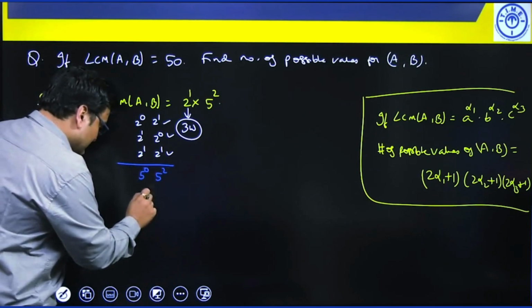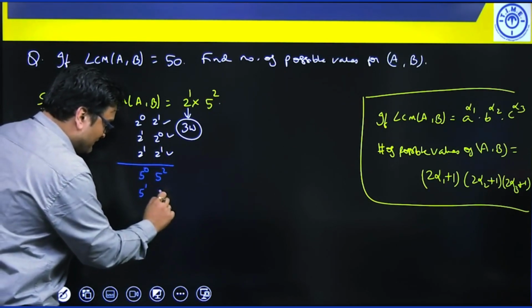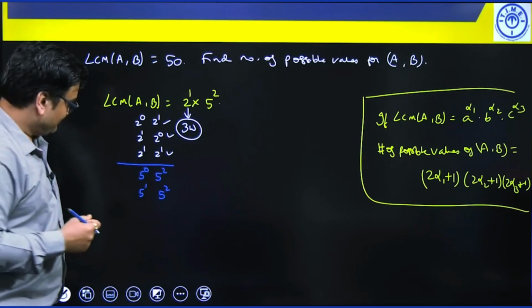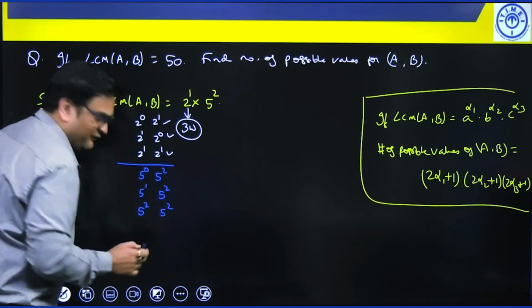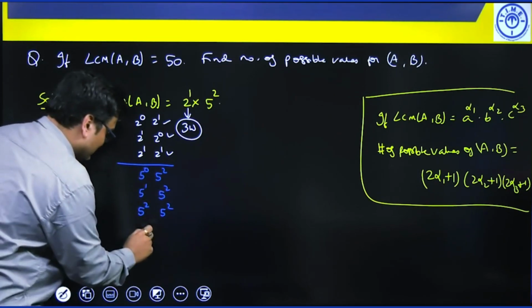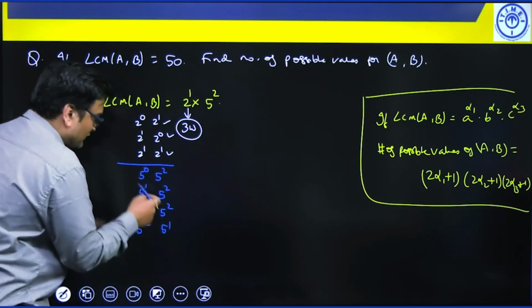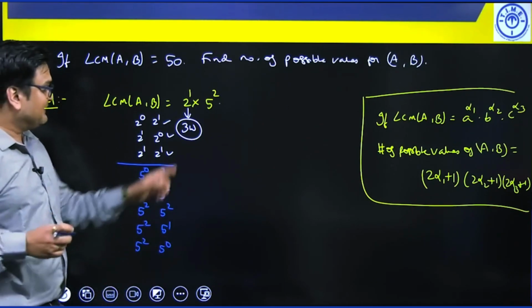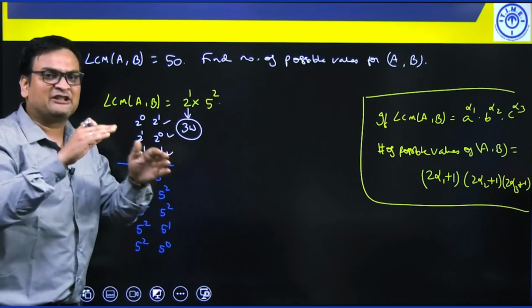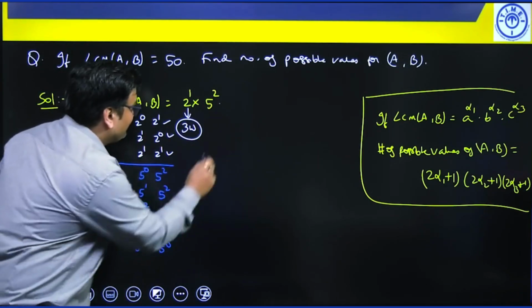Or A has 1 5, B has 2 5s. Or A has 2 5s, B also has 2 5s. Or the reverse of this, A has 2, B has 1. Or the reverse of this, A has 2 and B has none. So that means this value of 5 square can be distributed over A and B, can I say, in 5 ways?